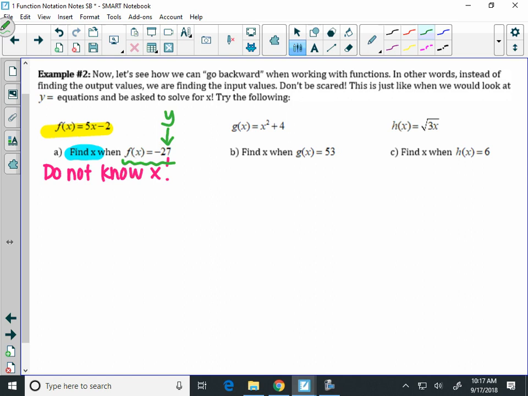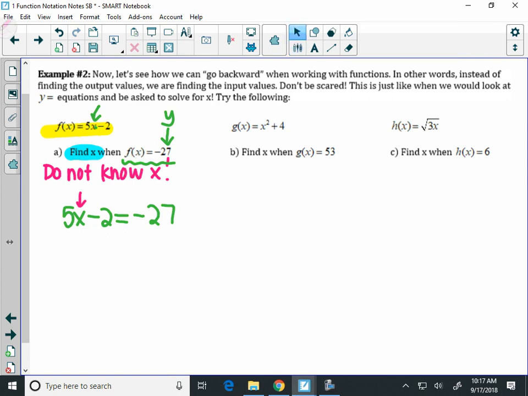Since I don't know x, I can't put anything in for x there. So the way I'm going to write this is I'm going to take my function 5x minus 2, and I'm going to set it equal to negative 27. That is saying, in a math sentence, 5x minus 2, what do I put in for x here to give me an answer of negative 27?